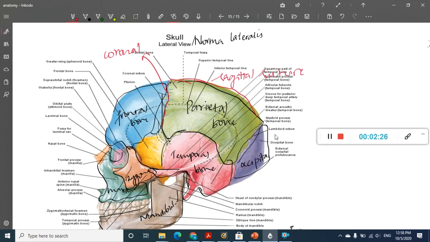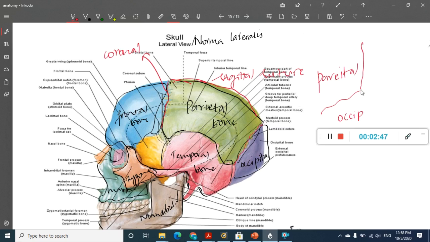Then the suture which is present between the occipital bone and the parietal bone, on both sides. See, this is the parietal bone, and this is the occipital bone.